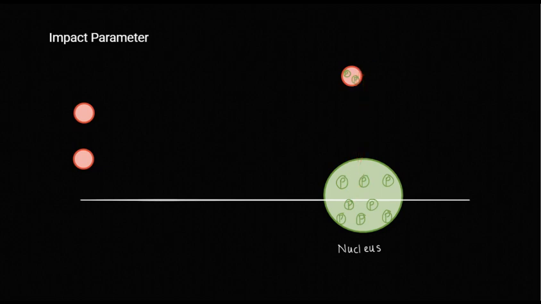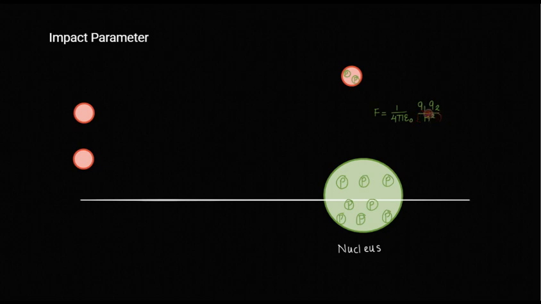Fine. But we know from your physics part 1 we have studied the Coulombic force of attraction or repulsion. What was your Coulombic force? Your Coulombic force is given as F equals 1 by 4 pi epsilon naught times Q1, the charge of the nucleus, Q2, the charge of the alpha particle, divided by r square.